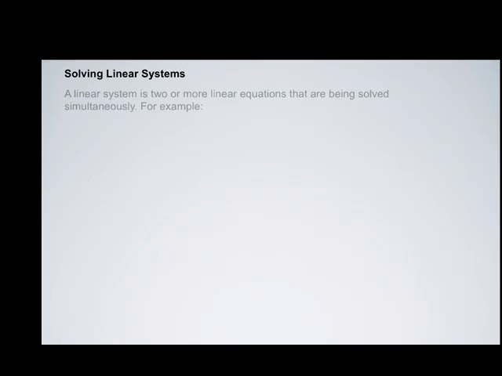So if we're solving linear systems, then a linear system is two or more linear equations that are being graphed, in other words, being put on the same grid. So if we're given x minus 3y plus 9 equals 0, and 2x minus y equals 2, the reason that this is a linear system is because we have two linear equations.